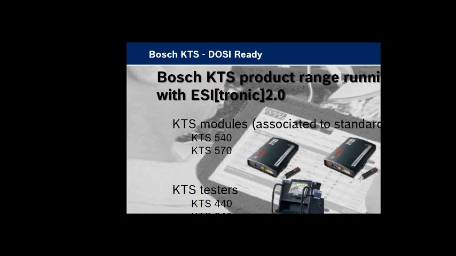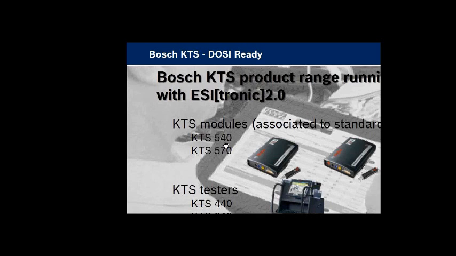This interface works with, as I said, Asitronic, and Asitronic runs on almost the full range of KTS we have at Bosch, which are sold all over Europe, the Middle East and Africa, which are the KTS modules, only the VCIs, which you can see here, which run on each and every PC which you may have in your workshop already. So it's a simple solution. KTS 540, 570: the difference between both is the measuring technology.